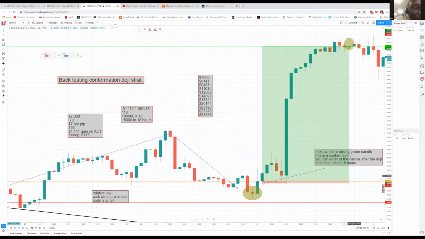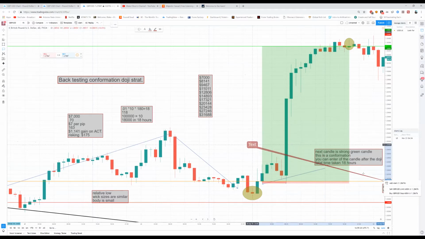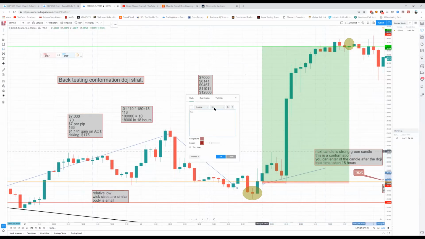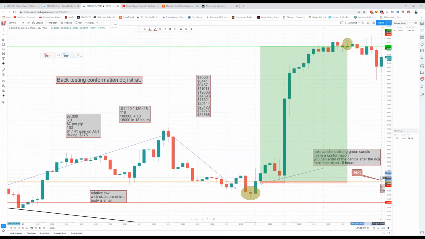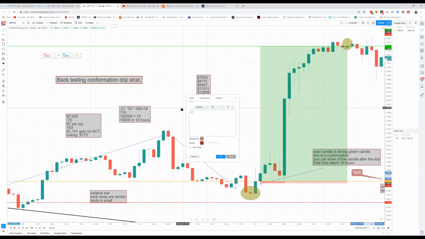So I'll just go like this. So this number says, oh no, it's covering it. Okay, this number is entry, and that one is 1.28665.